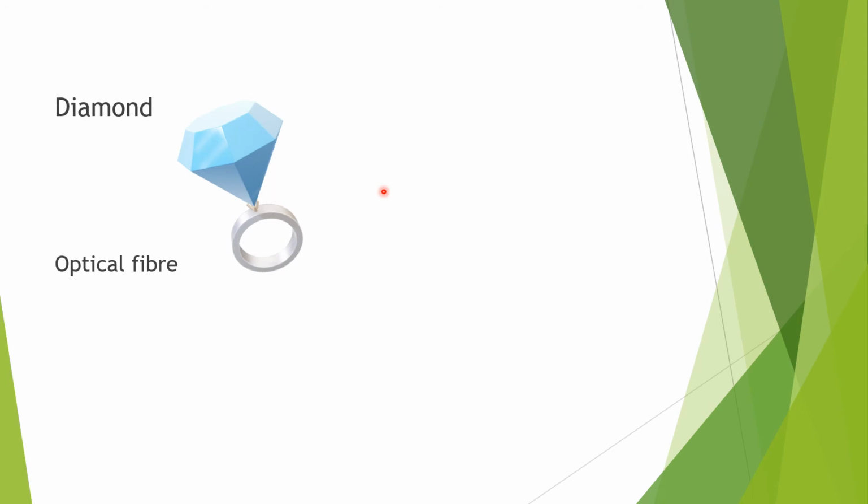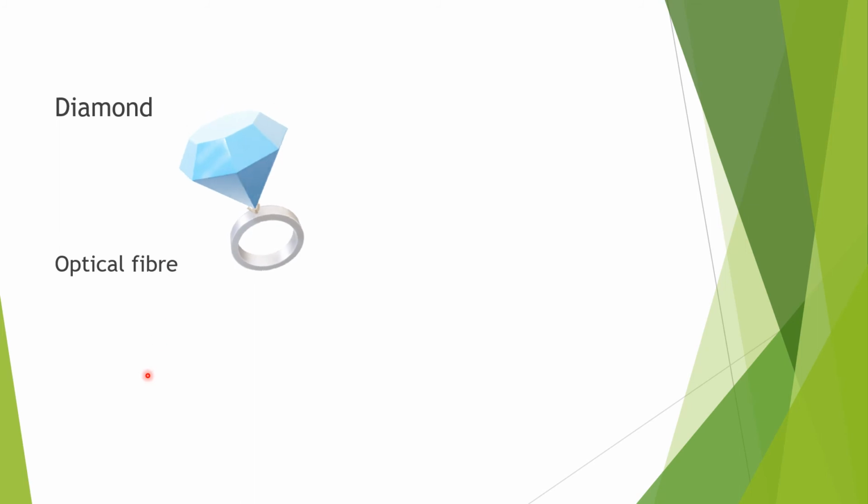When light enters the diamond at any face at an angle greater than the critical angle, it undergoes total internal reflection. By cutting the diamond suitably, we get multiple internal reflections. So the incident rays can undergo multiple total internal reflections inside a diamond before exiting the top of the diamond. So this is for the diamond.